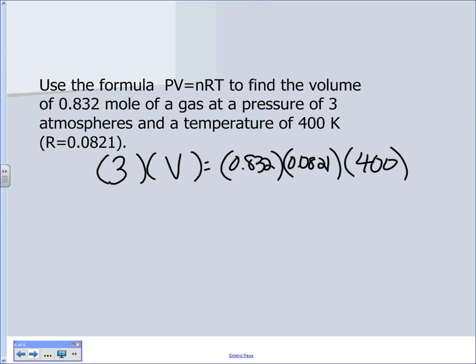Any other questions? Okay, so what would be our volume? I got 3.1. I got 9. Okay, multiply 400 times those two decimals. What do you get when you multiply those three together? You get 27.3288. Okay, and then what do you divide by? And what do you get?